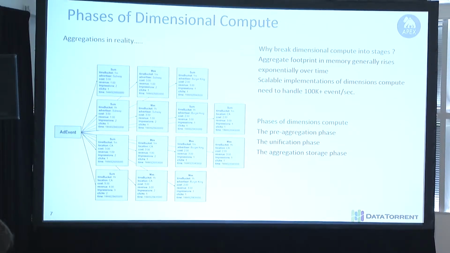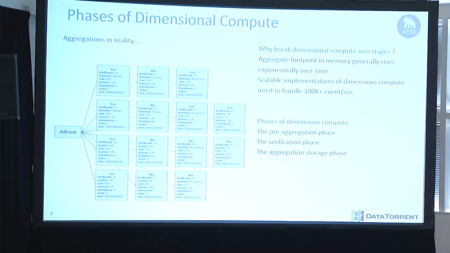So all of those combinations start populating across the DAG, and that really leads to a memory explosion. So just running dimensional compute arbitrarily will most likely cause your streaming application to go down, because the footprint in memory of these things is pretty large, and it's directly proportional to the cardinality of the events or the dimensions that you're passing to it.